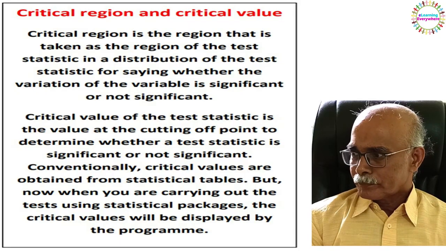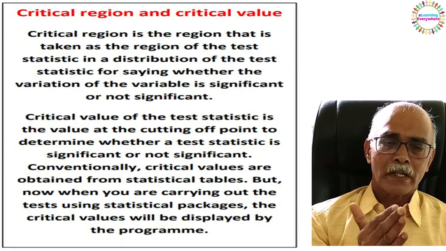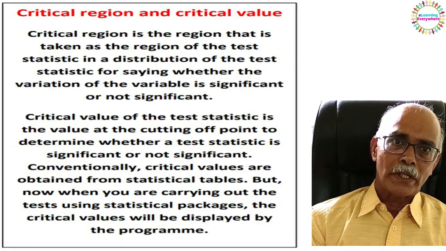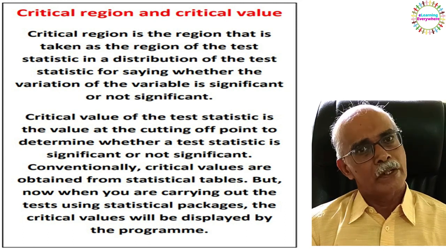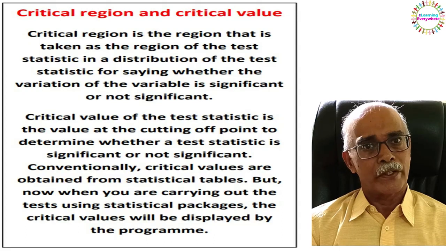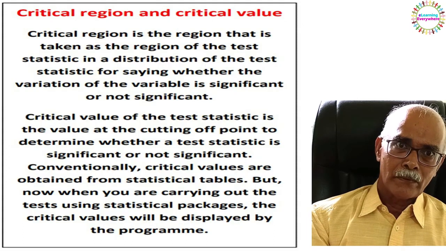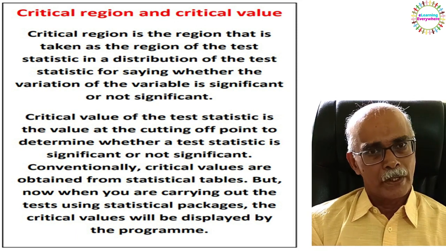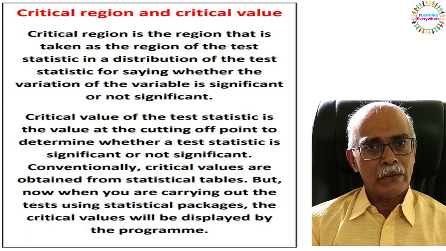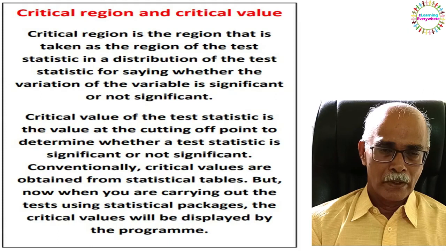And you will be deciding a level of probability above which you will consider the variation significant or not. So you will get a value in the table, in the t table or chi-square table, at that particular point, and the value at that point is known as the critical value.